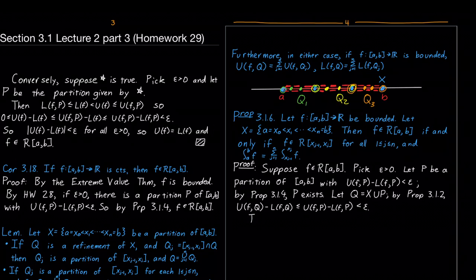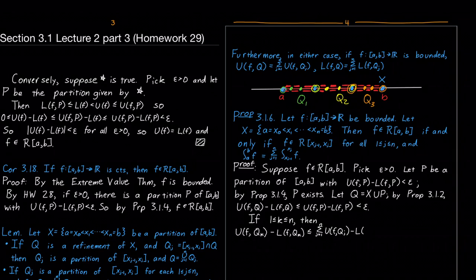Now if k is between 1 and n, then we can write the upper sum of f over the partition Qk, where Qk is as in the lemma, and subtract off the lower sum of f. Then that's less than or equal to the sum of all of these upper and lower differences, because the upper sum is always bigger than the lower sum.